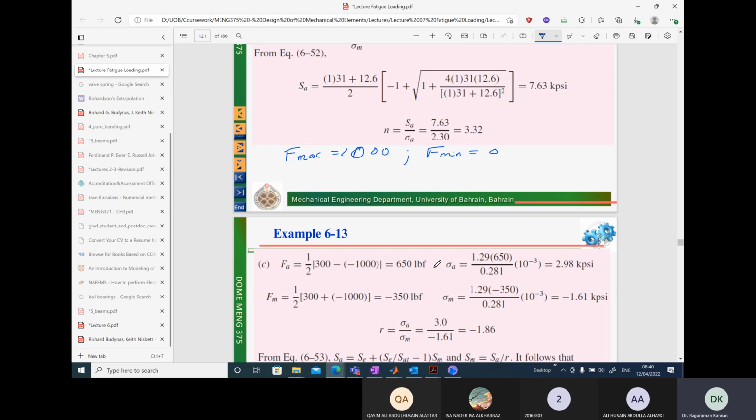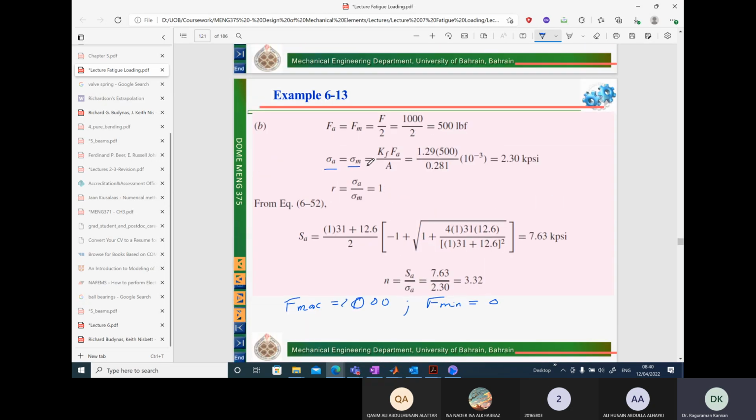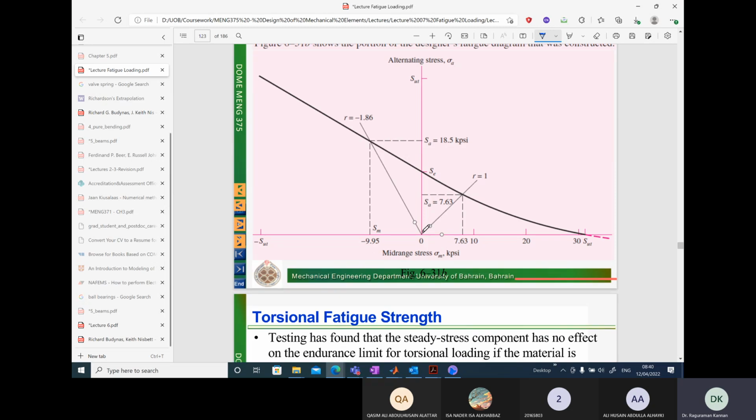Okay, and what is the value of A and M? 2.3 kpsi. Go to the diagram. This will be your 2.3 kpsi. Right here sigma M is 2.3, sigma A is 2.3. We can draw a radial load line, join these 2 points, extend it. It will intersect at some point. We need to find the coordinates of these points.